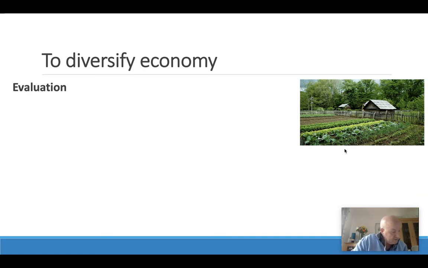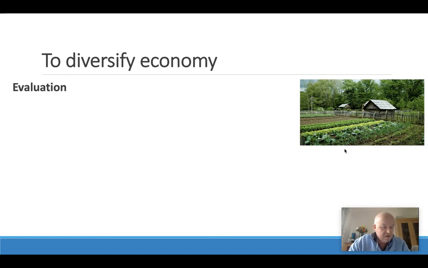Okay, diversifying the economy. Again, if we then take a look at page 38, you've got some text which explains the reasons why we try to encourage economies to have a wider range of economic factors that will help them to develop their countries and their economies.